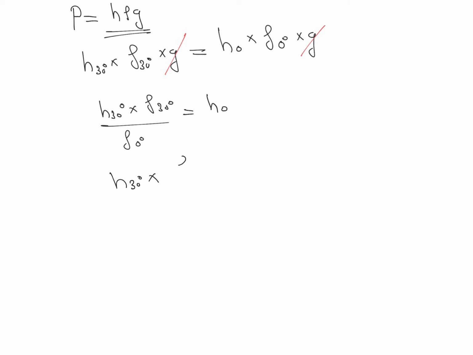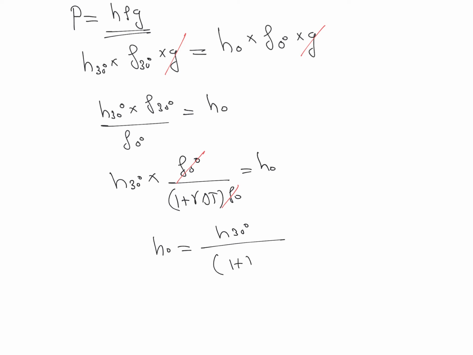Density at 30 can be written as density at 0 divided by (1 + gamma delta T), divided by density at 0, equals height at 0. We cancel density at 0 with density at 0, so height at 0 degrees Celsius equals height at 30 degrees Celsius divided by (1 + gamma of mercury into delta T).